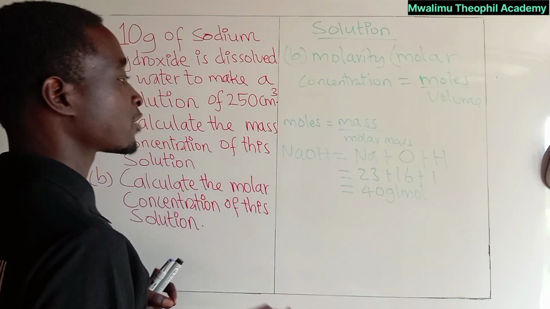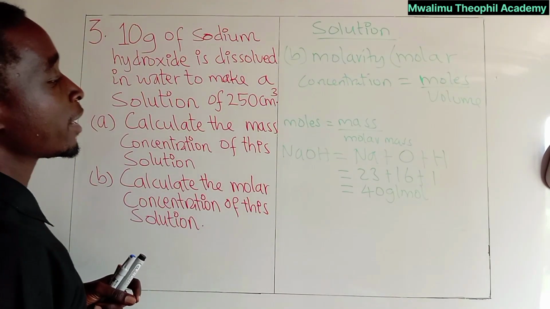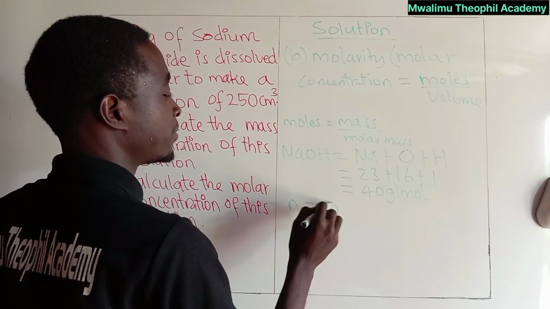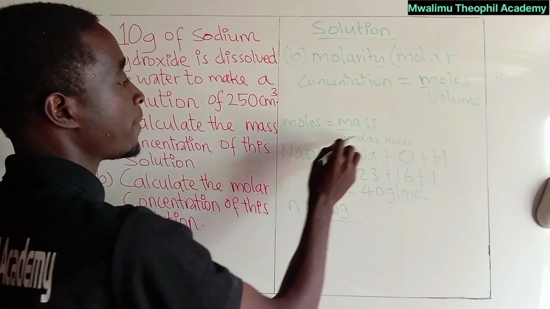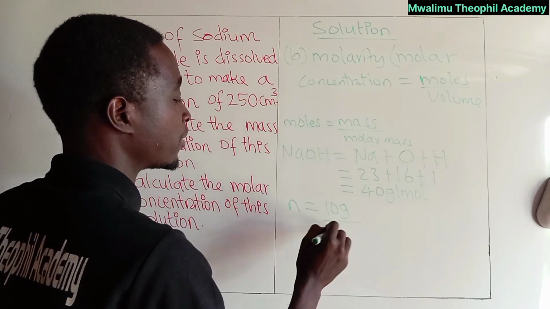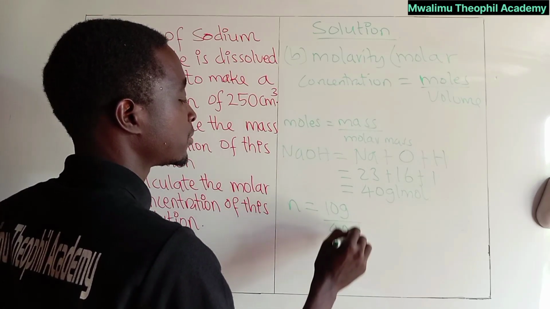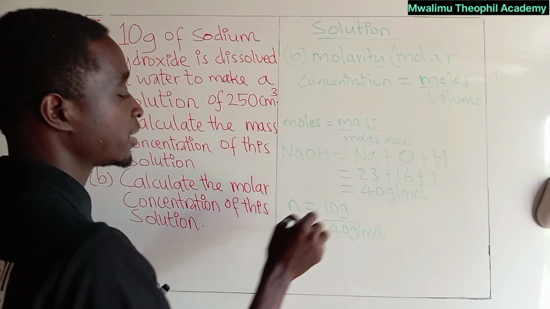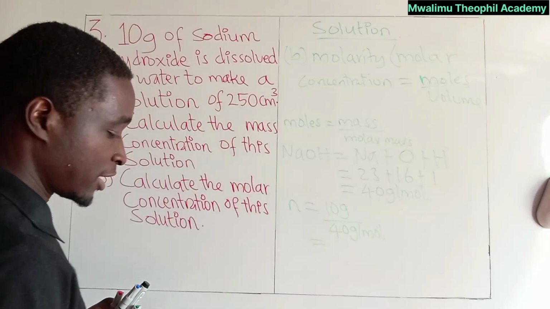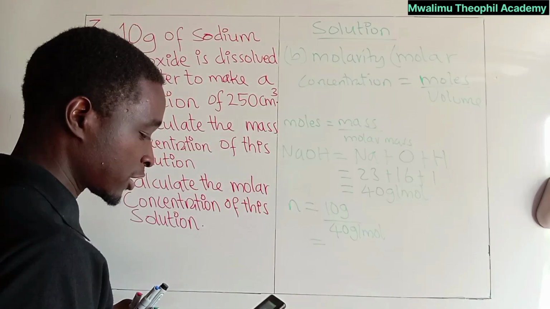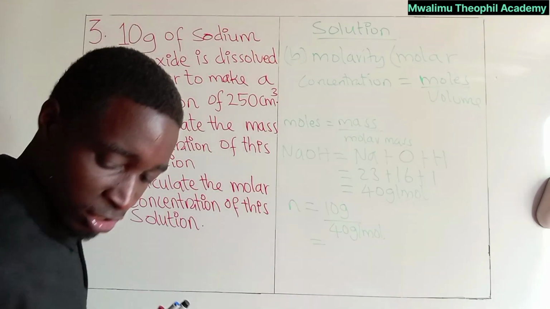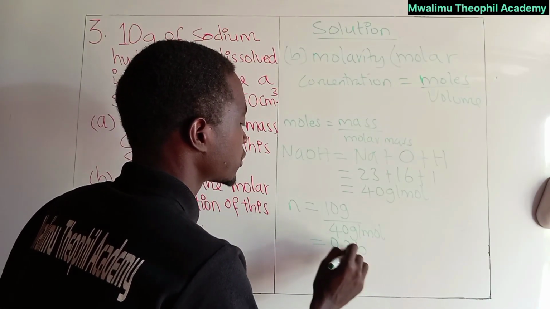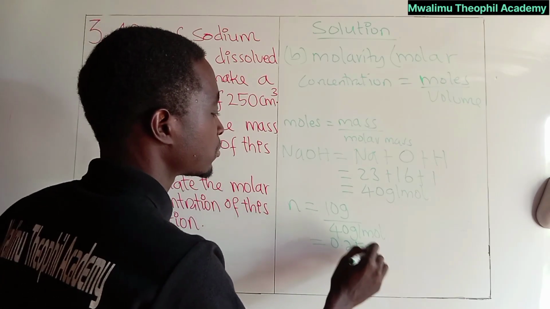After we've obtained the relative molecular mass, we are now able to work out the number of moles. We take that 10 gram over the molar mass, which is 40 gram per mole. When you divide 10 by 40, you get 0.25 moles.